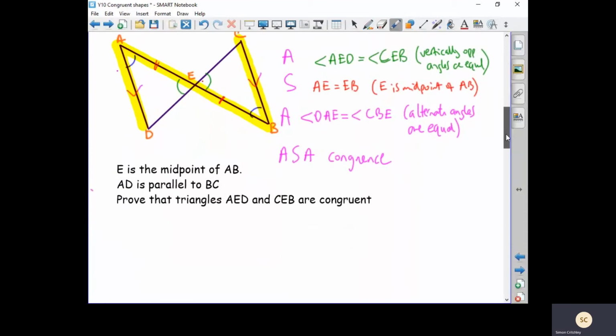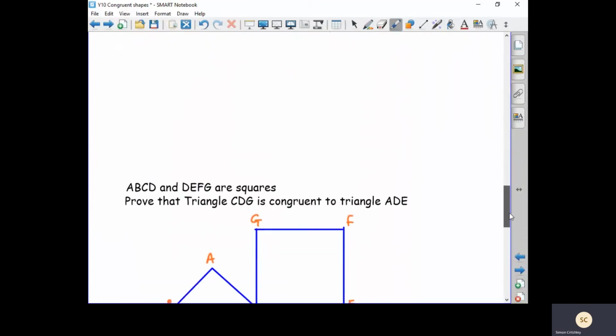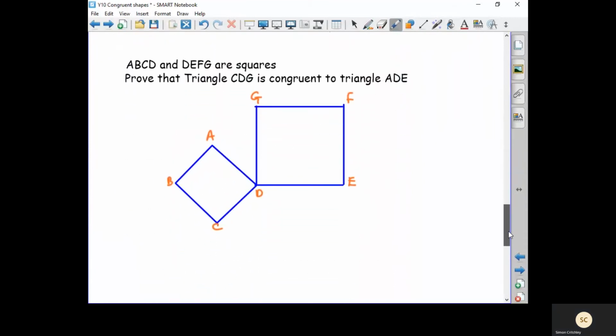Okay, good. Let's just do one more. Right, what about this one on the bottom here then? We've got A, B, C, D at the bottom here, and D, E, F, G are squares.